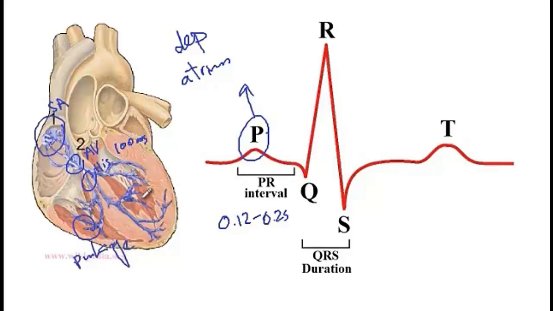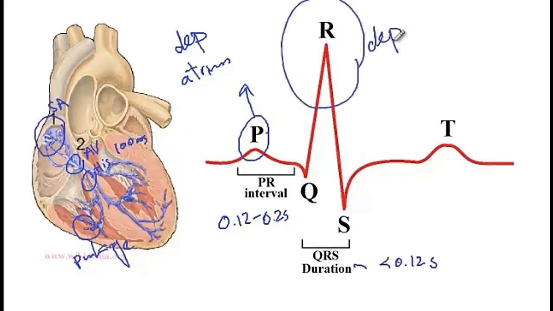So once the impulse is transmitted to the ventricles, it causes depolarization of the ventricles, and depolarization corresponds to the QRS, and the QRS interval, the duration is less than 0.12 seconds. And so the QRS interval corresponds to the depolarization of the ventricles.